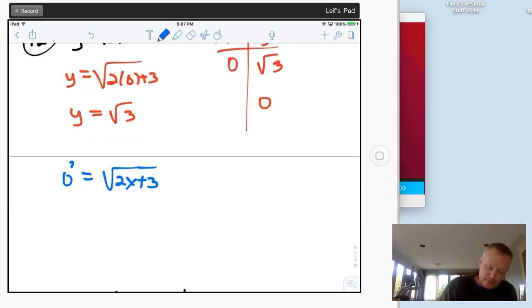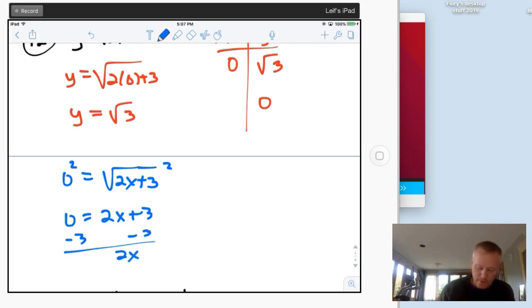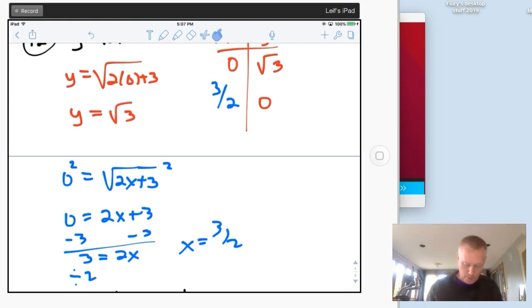Well, this one, square both sides to get rid of the radical. 2x plus 3. Okay, subtract 3. You get 2x equals 3, and then divide by 2. You get x equals 3 over 2. And there's the answer. Of course, it should be negative 3 over 2. Don't be sloppy. Okay, there we go.